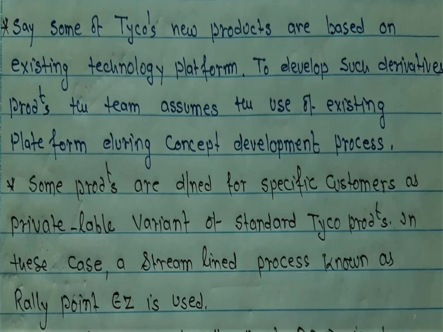That means whatever products are available, they can modify those products as per the expectations of the customers. And some products are designed for specific customers. Some products are used by specific customers, maybe an industrial customer or a personal customer, as private label variants of the standard Tyco products. In these cases, a streamlined process known as Rally Point is used.